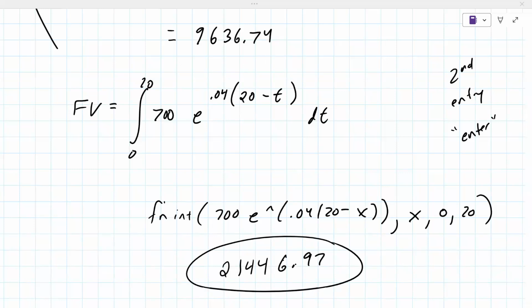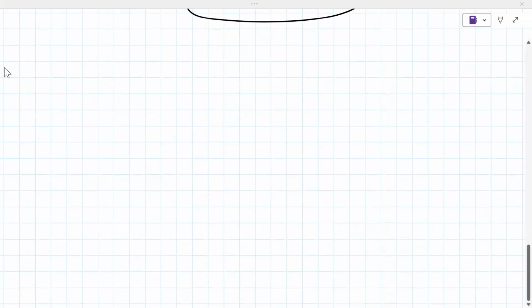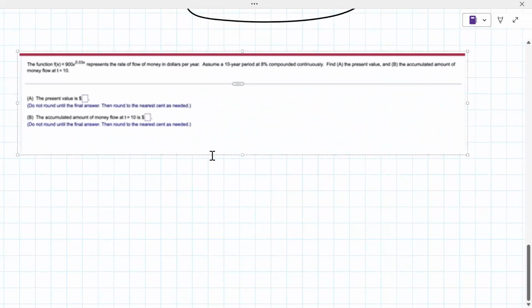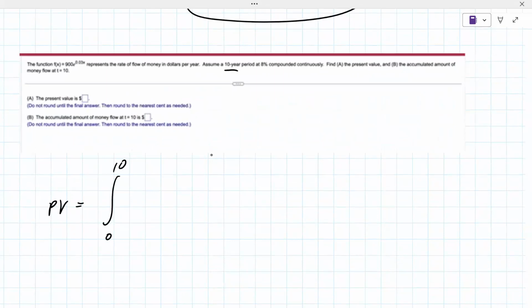Okay, so the next one here. The present value is the integral. We're doing 10 years, so 0 to 10. Your function is 900e to the 0.03x times e to the minus 0.08x because of the 8%, dx.